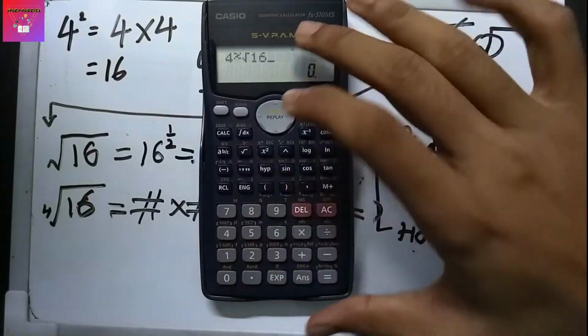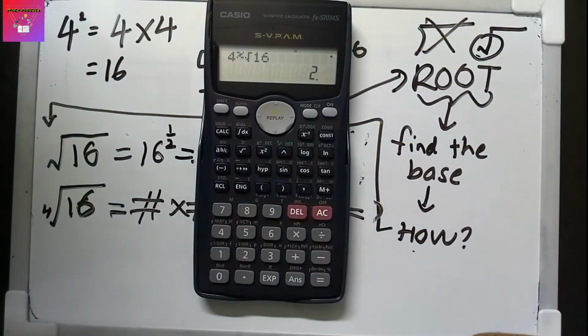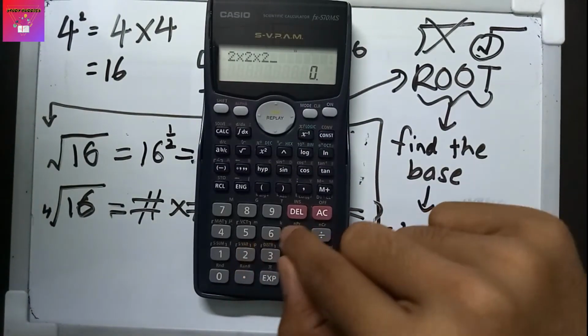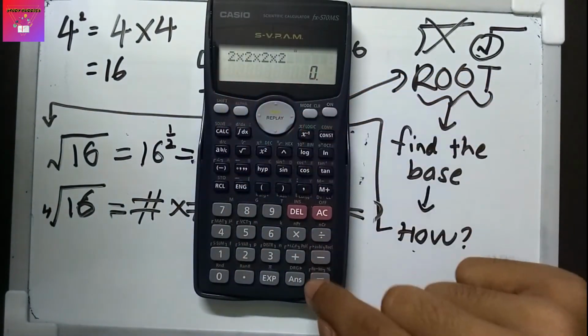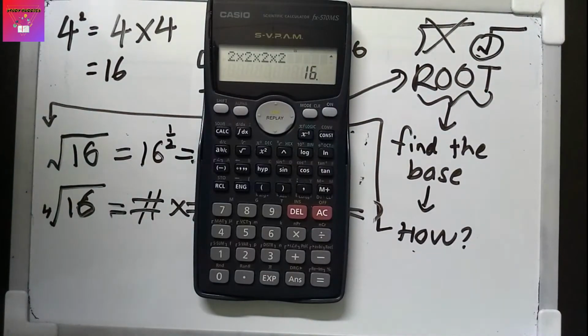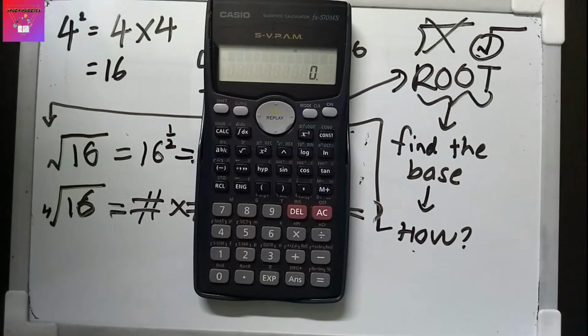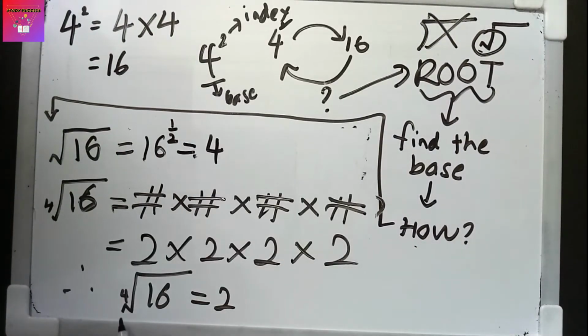Then just insert the number which you need to find out, and the answer would be 2. Practically, 2 times 2 times 2 times 2, 4 times, you are going to get 16 as well. Okay, so therefore the 4th root of 16 gives an answer 2.